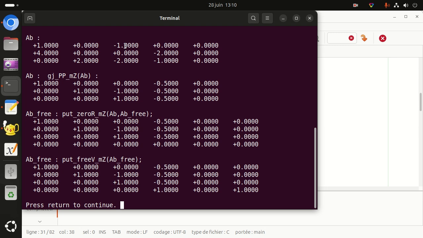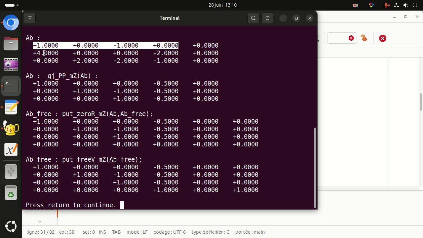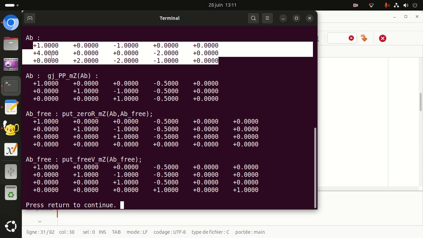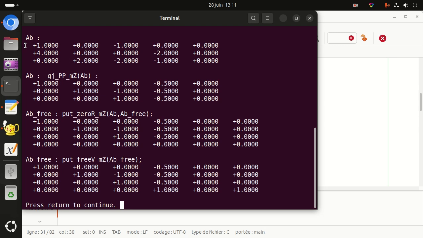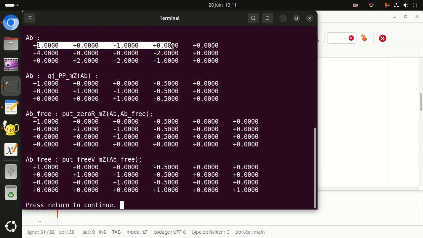This is B and this is A. If I want to resolve this system, I must introduce a free variable. This is my linear system of equations with A and B, 3 lines, 4 columns.